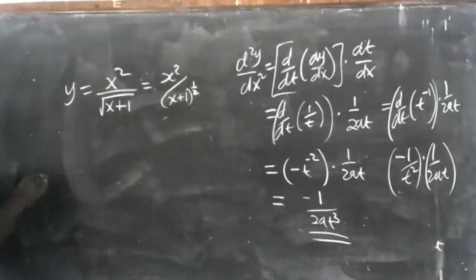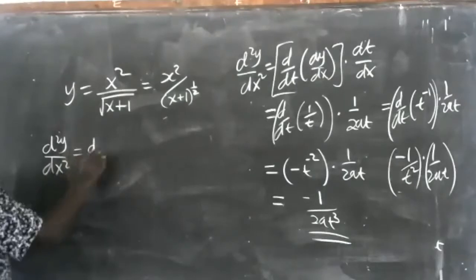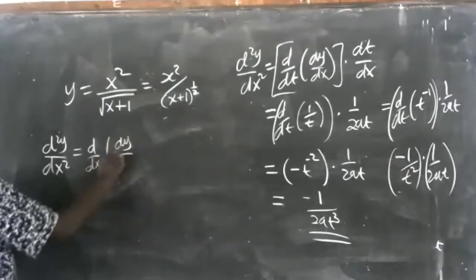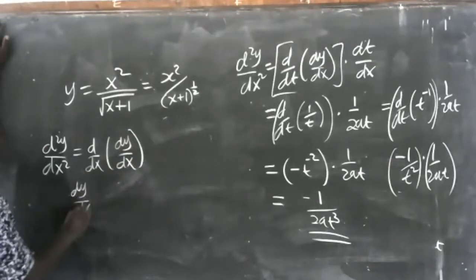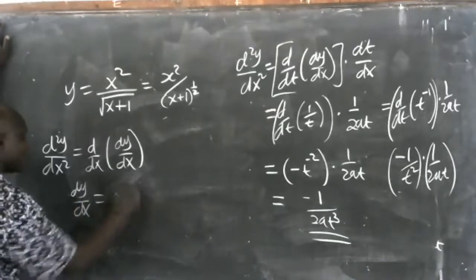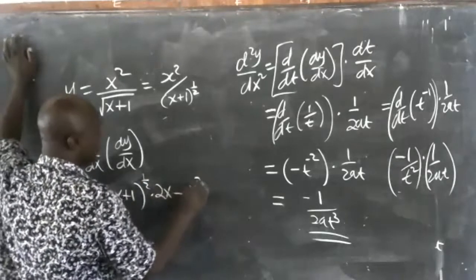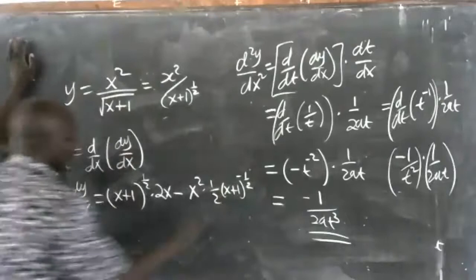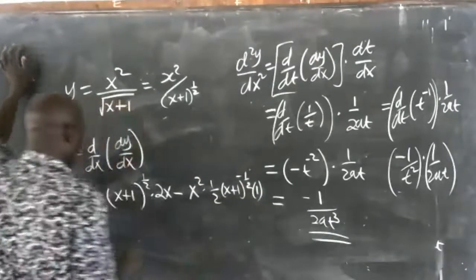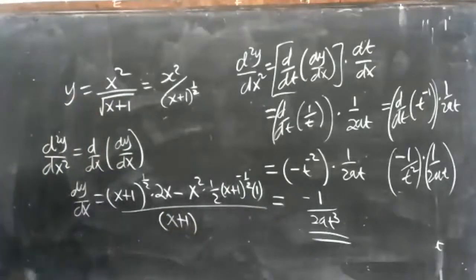If they want the derivative of y, of x squared over this, we have to begin by getting dy/dx. So dy/dx should give us, our v is x plus 1 to the power half, and here du/dx is 2x minus our u, which is x squared, times a half x plus 1 to the power negative a half, and of course times 1, and then everything over x plus 1. We're using our quotient rule. This is our u.